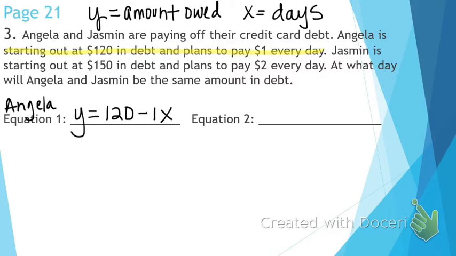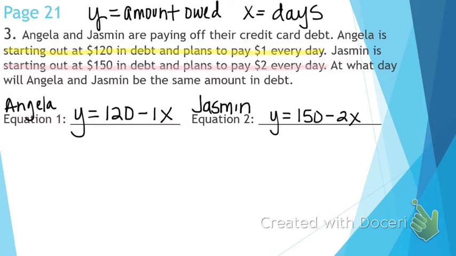Then my second equation is going to be for Jasmine. Jasmine started off with 150 and plans to pay $2 a day. So that equation would be y equals 150 minus 2x. The easiest way to solve this is to do substitution.